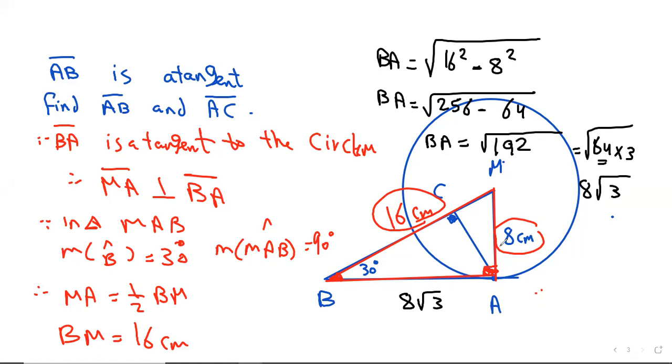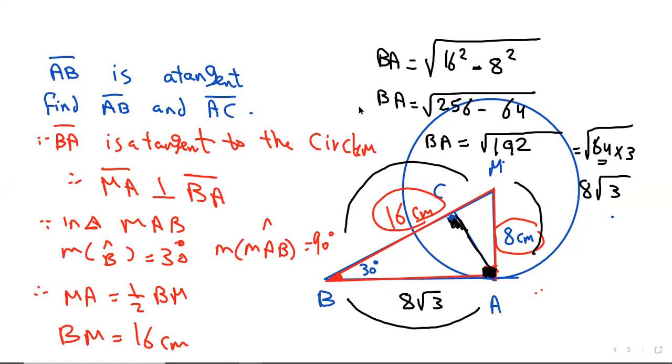How can we get the length of AC? Because this triangle is right, we can get AC directly as the product of the two sides of the right angle divided by the hypotenuse.